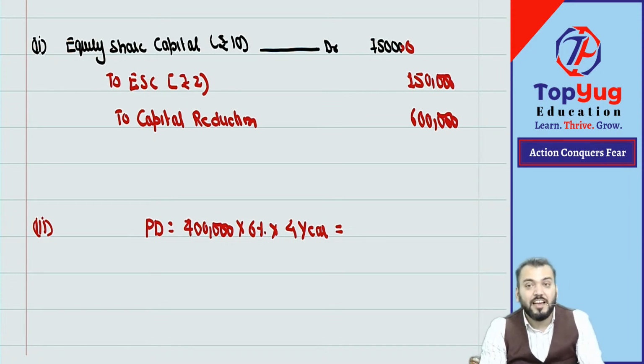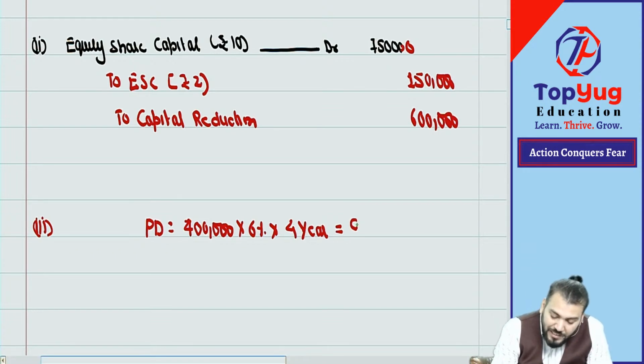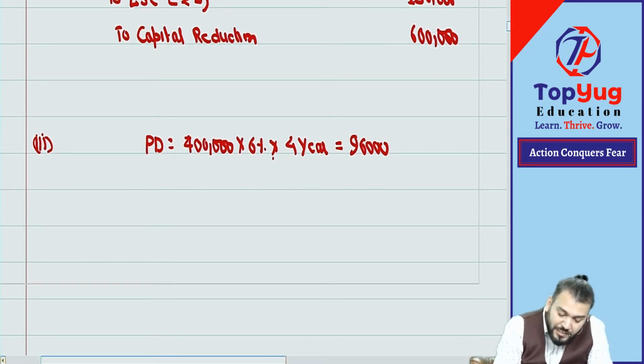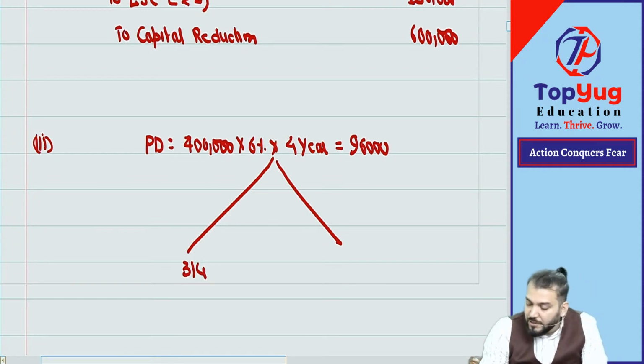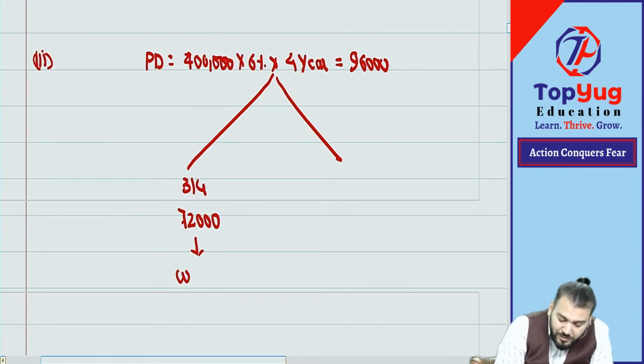For how many years is it in arrears? 4 years, so multiplied by 4. What is the total amount? 96,000. Now what is given out of this 96,000? 3/4. 3/4 means what is the amount? 72,000 is waived. Waived means cancelled. Correct. And 1/4, how much?